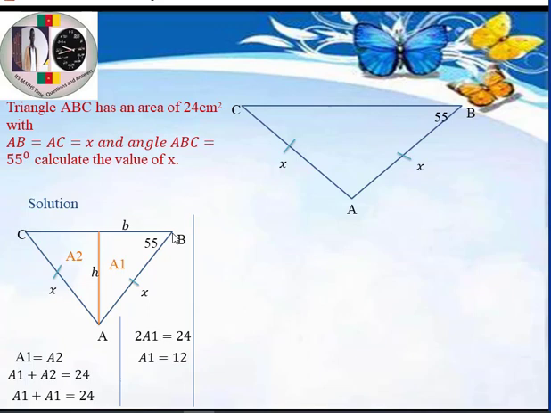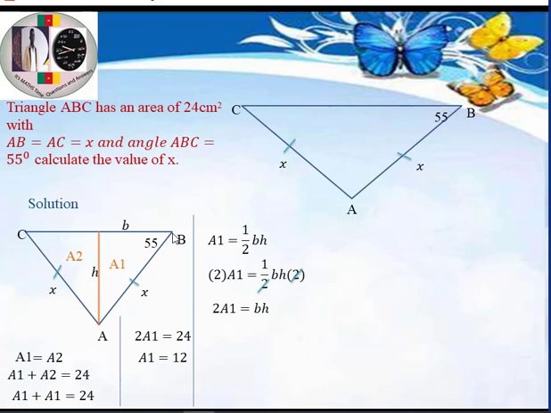So to get the area of A1, it will be half base times height. If we multiply both sides by 2, the 2 cancels the half, and we are going to have 2 times A1, which is 2A1, equals base times the height. Now we can call this equation 1.